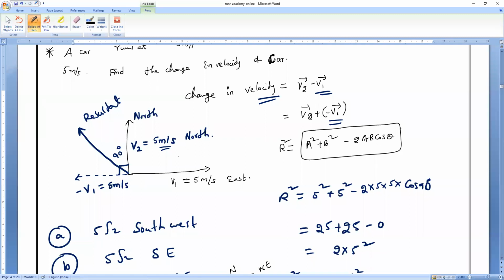But we all know these are vectors. Is it possible to add or subtract the vectors? No. We can write it as V2 plus minus of V1. Is it right or wrong? Understood?